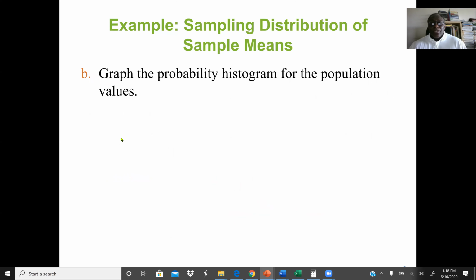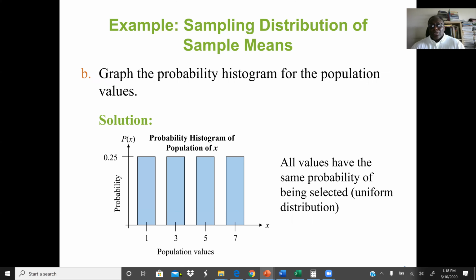Now the next step, they say we should draw the probability histogram for the population values. First, we summarized the data: we found the mean, then the variance and standard deviation. Now we want to visualize the data, so we draw the probability histogram for the population values, and this is what we get.